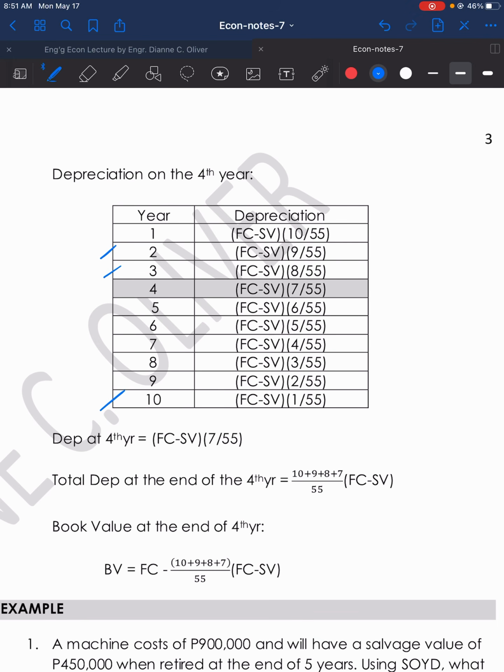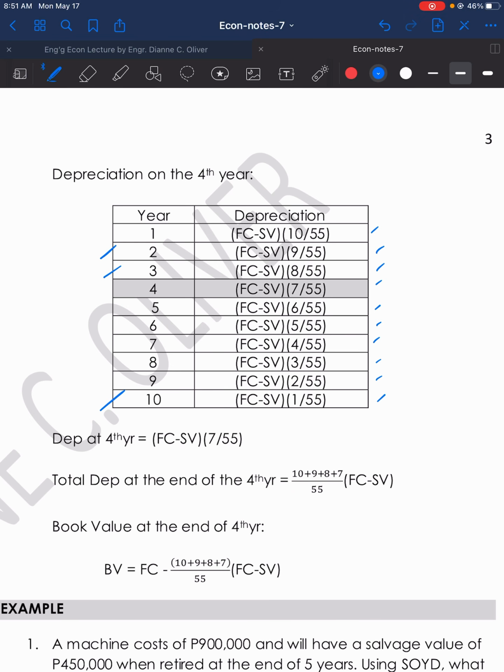So the depreciation now becomes first cost minus salvage value multiplied with 1 divided by 55. If you notice, the amount is diminishing until it reaches the 10th year.